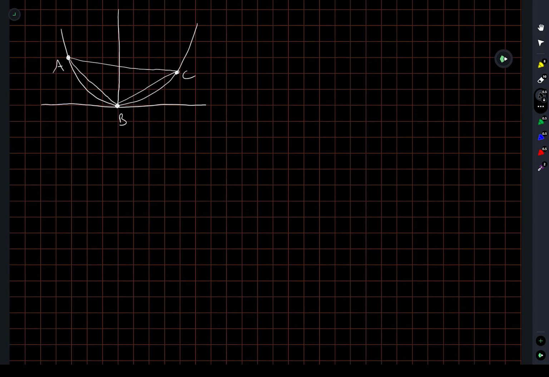What can we do here? Well, again, everything is going to be determined by the horizontal coordinates of the points A and C. So we'll call those XA and XC. This means, of course, that the point A lies at XA, XA squared, and C lies at XC, XC squared.